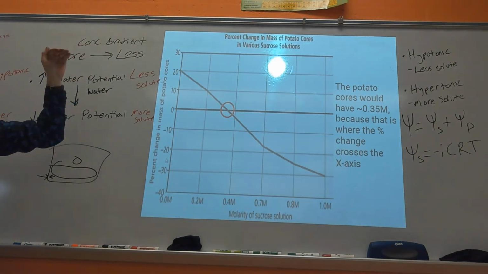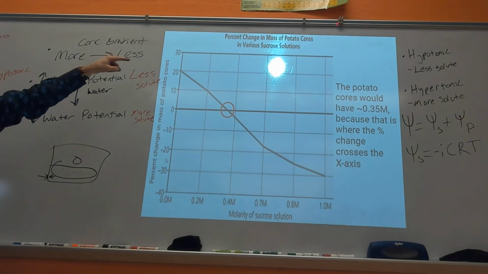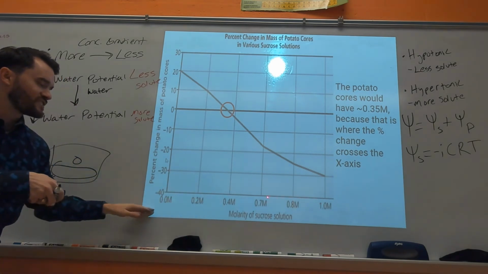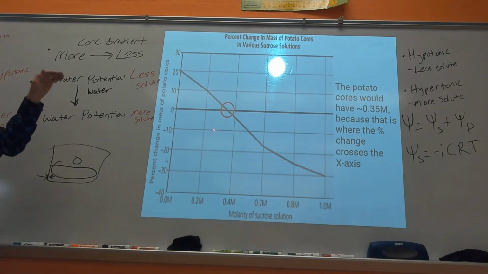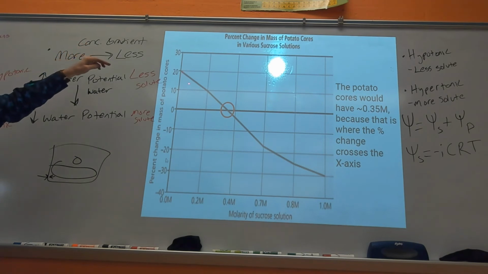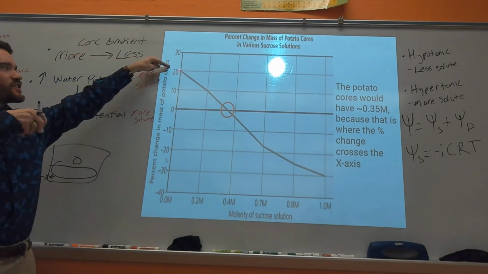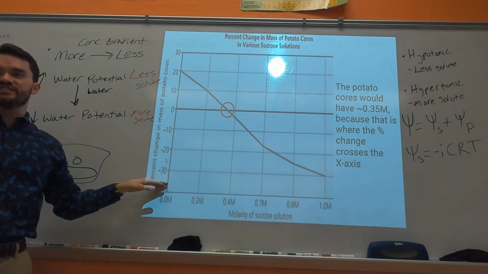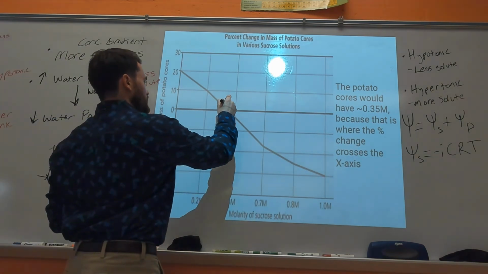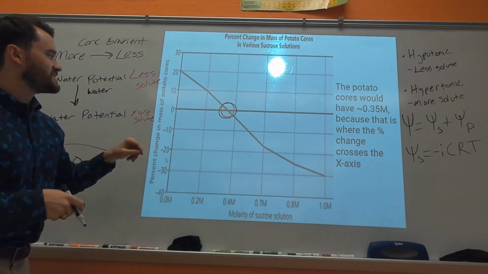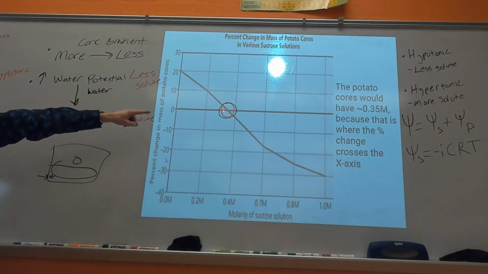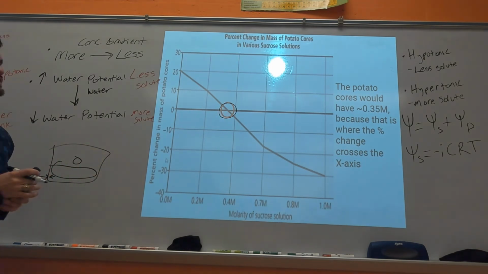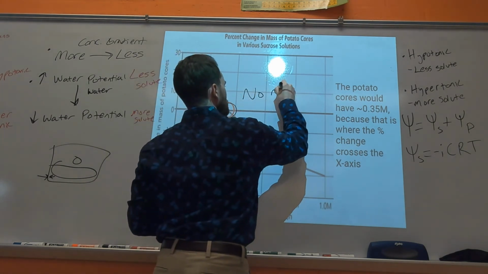Basically, this is like what you did with your dialysis bags, but instead of potato cores, you had dialysis bags, where we had different concentrations of sucrose solutions, and if you had a positive increase in mass, you gained mass. If you had a loss in mass, you would have a negative percent change in mass. Right here, where we cross the x-axis, this is where you had no net change in the percent mass change. In other words, no net movement of water.